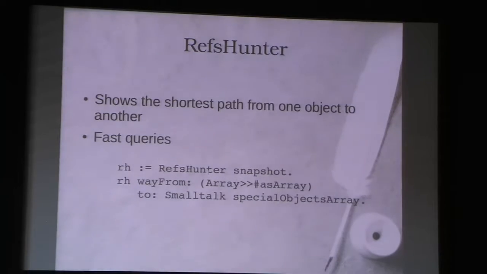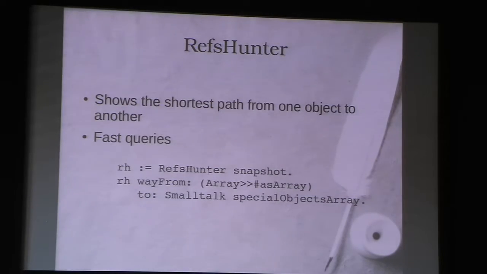So, the purpose of RefsHunter is a single one. It tries to find reference paths from one object to another object. And in most cases, you will try to find paths from your object to some object that is in global space, that is referenced by the special objects array. A root object?